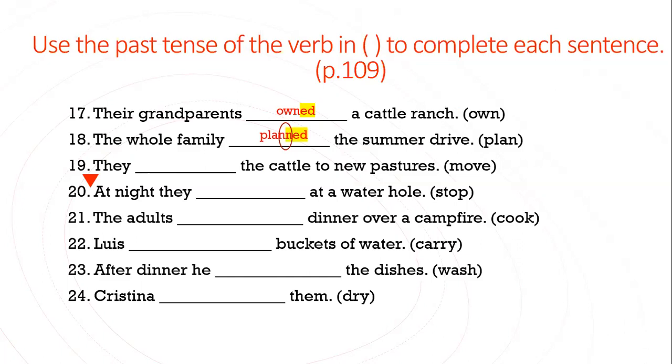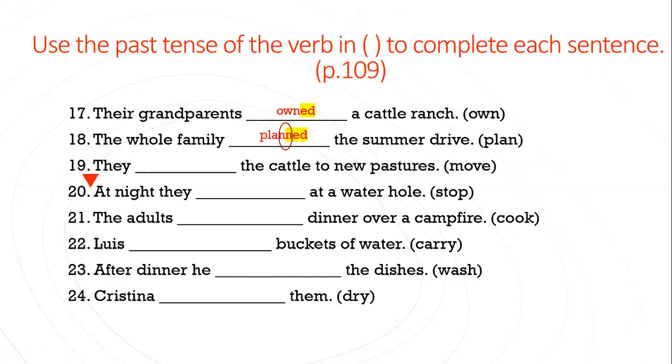So there are three things that you have to look for. One syllable word, plan, check mark. Single vowel, the word plan has a single vowel because there's only one A, so check mark. Does it end with vowel and consonant? Yes, it does. So in that case, we double the consonant and then we add ed. Perfect.